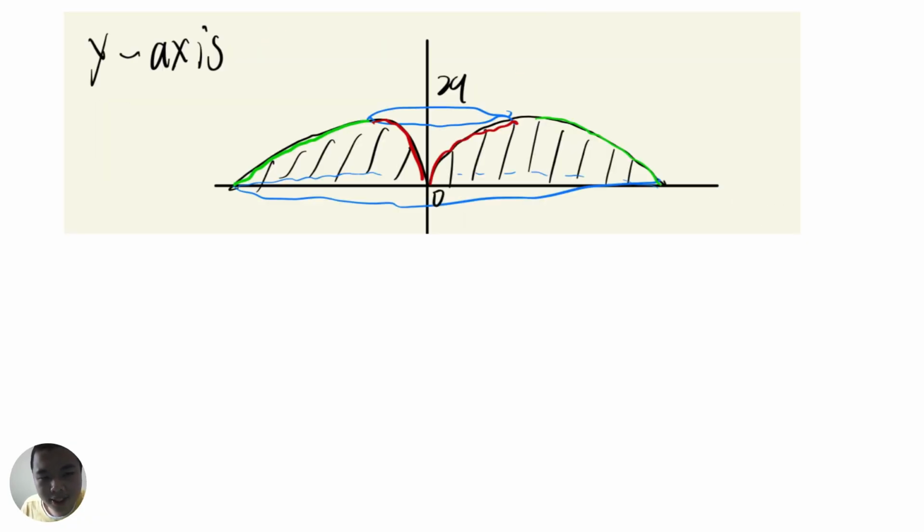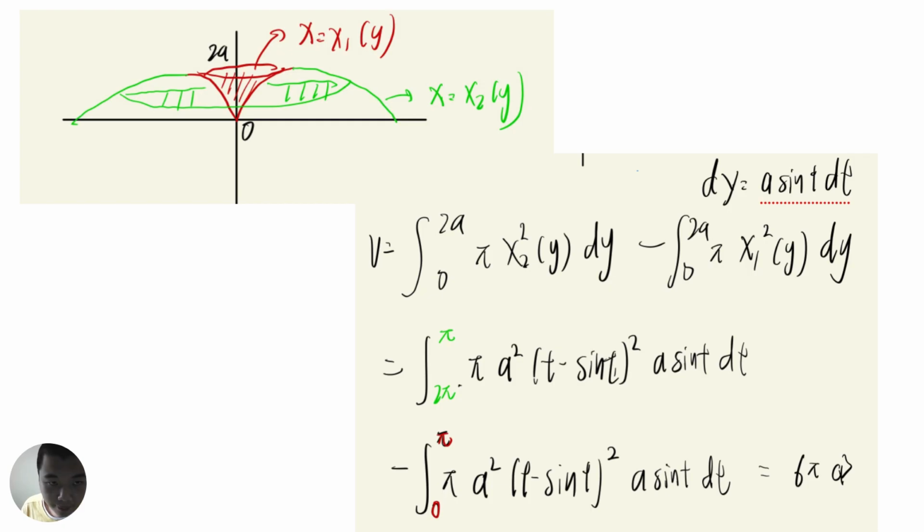It's difficult to see this, so we split it into two parts, which are the green one and the red one. We denote the green one x equals x2(y), and the red one x equals x1(y). We need to use the green curve minus the red one.